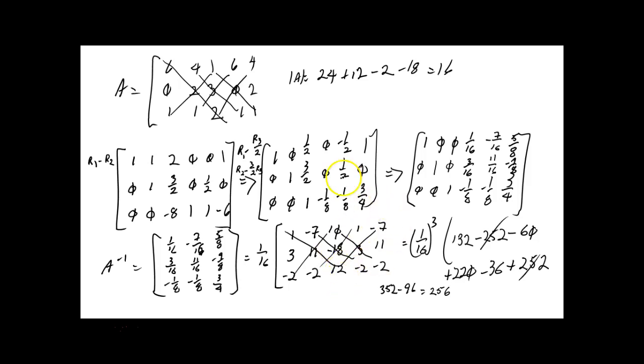All right. So this will be 1 over 4,096 and multiply that by 256. So do 256 into 4,096. What do you get? 0.0625. Okay, yeah.